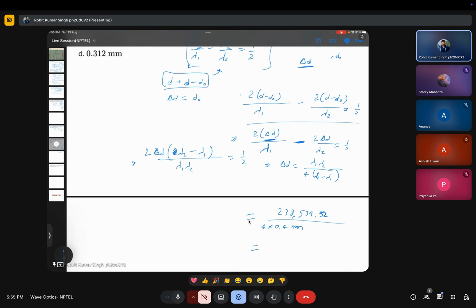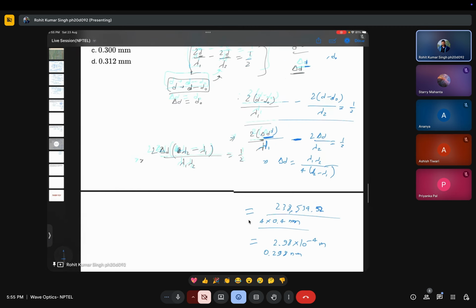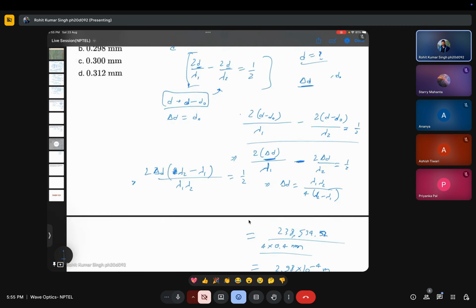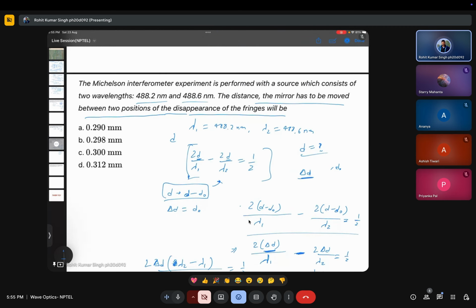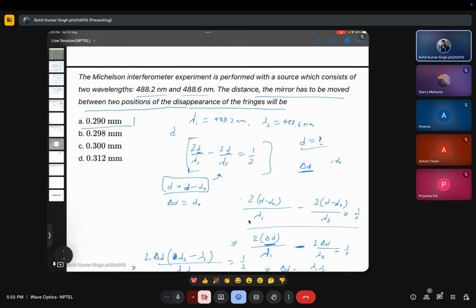If you solve it you will get something close to this. So it's 0.298 nanometer. So this is the distance that you have to move the mirror.